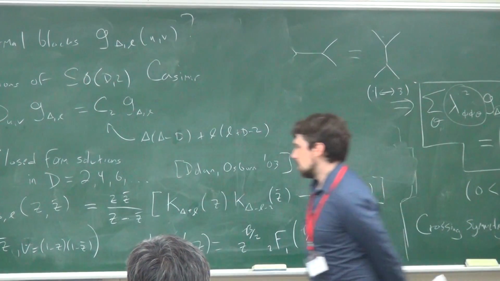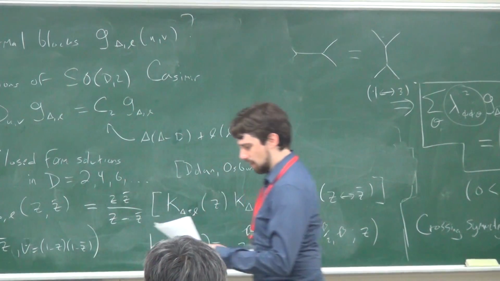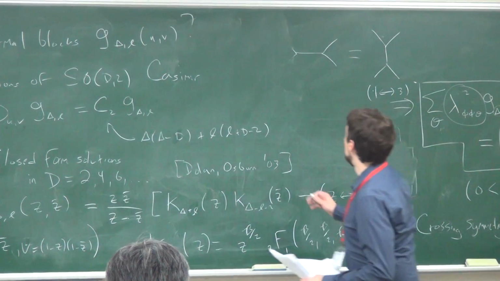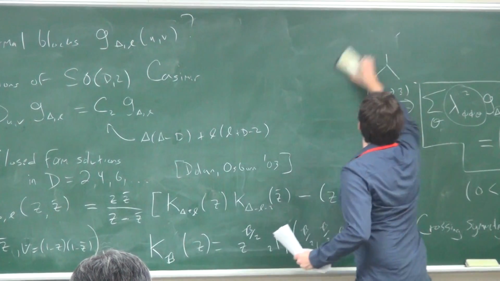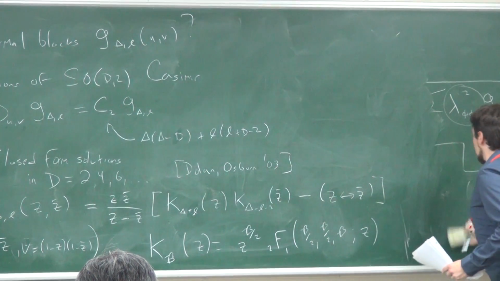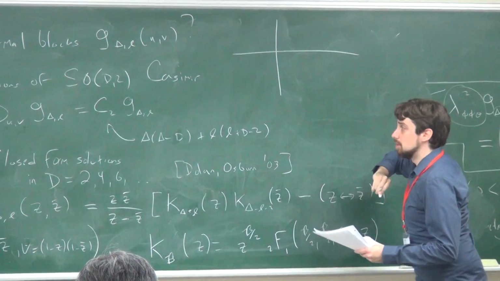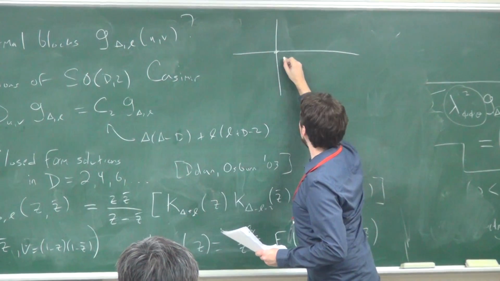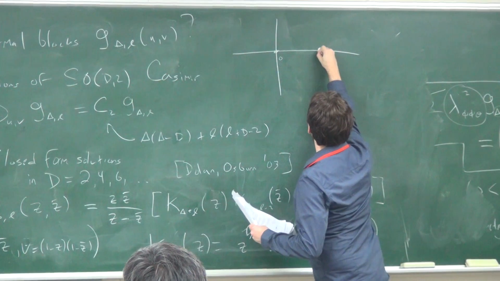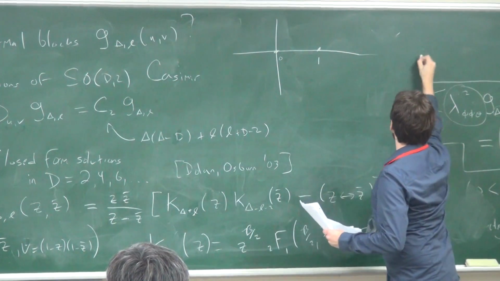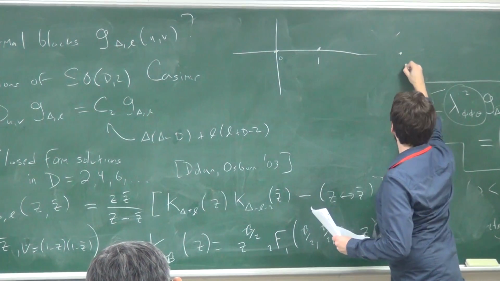And maybe I should say that these z variables have a very simple interpretation. I have 4 points. I can always do a conformal transformation to put one of the points at 0, one of the points at 1, and one of the points out at infinity.